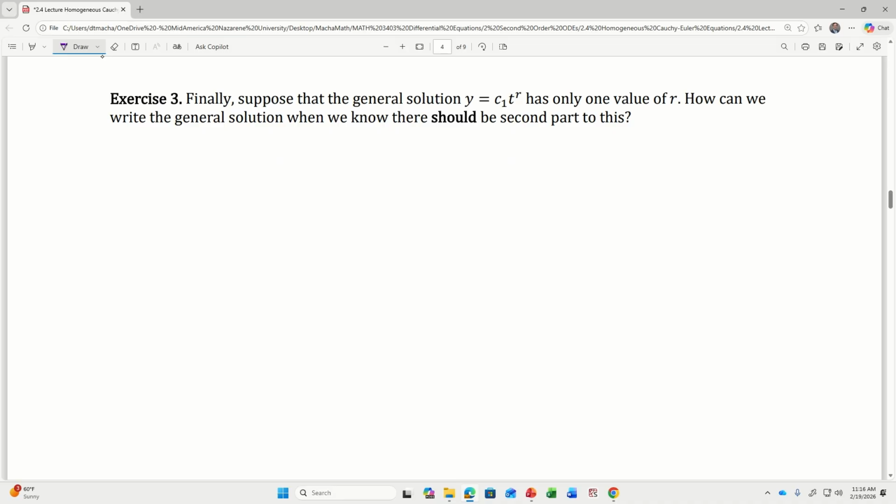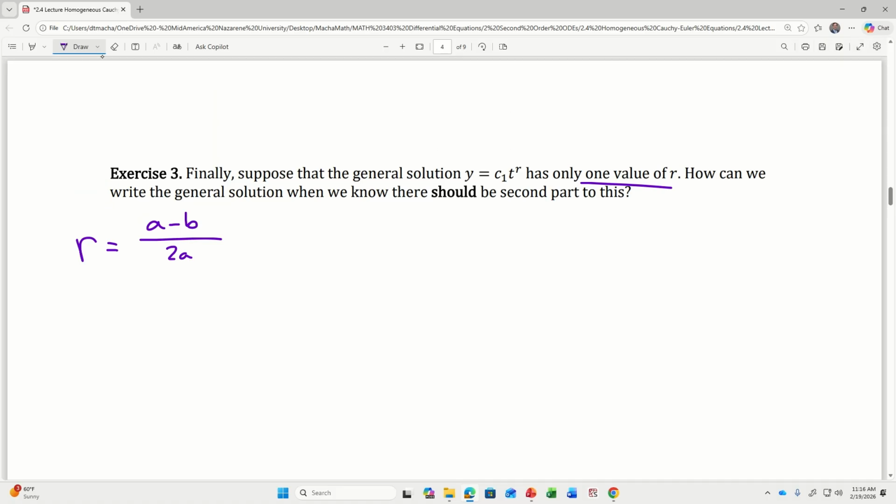Okay, so that's an important result for how to write a general solution with a negative discriminant with only real numbers. Finally, suppose that the general solution has only one value of r. That can happen if we have this formula for telling me what r is based on the ODE.